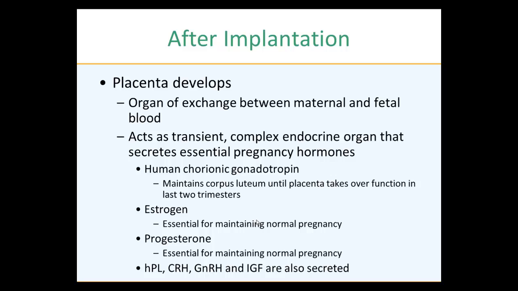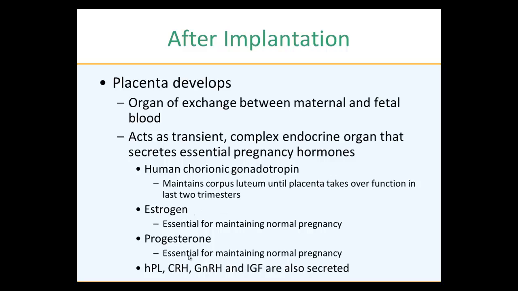Okay, so other hormones other than the HCG, which we agreed maintains the corpus luteum. Later on, in the second and third trimester, you don't necessarily need it, because the placenta is going to secrete its own estrogen, so HCG becomes irrelevant at that point.